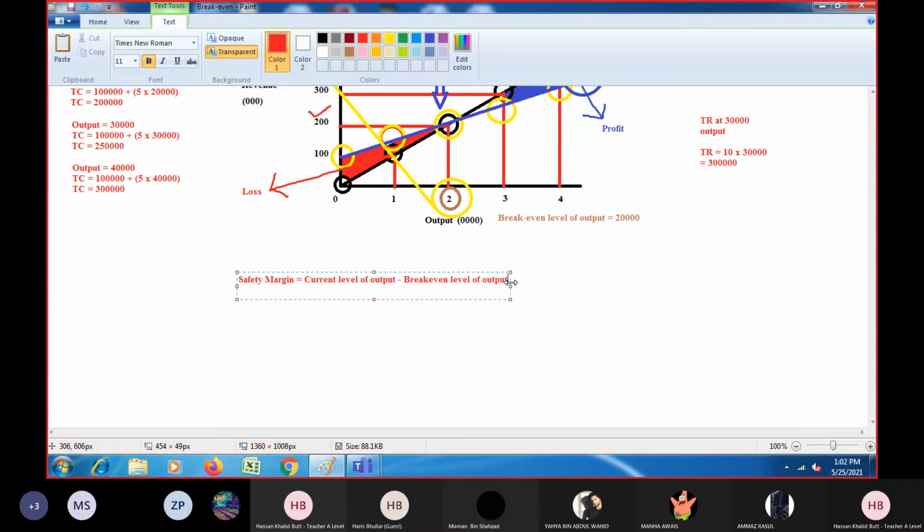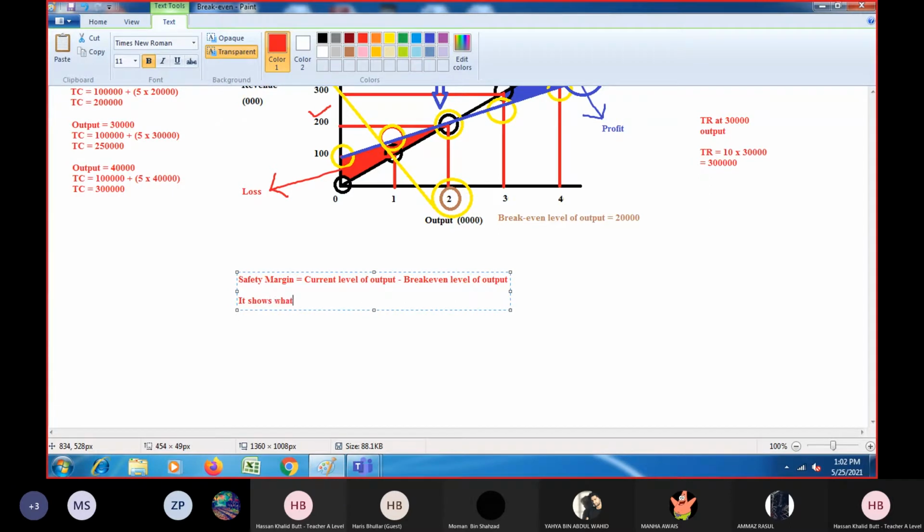We'll have the working as well, but first of all we need to understand what safety margin means. So safety margin is what? Let me write it here.